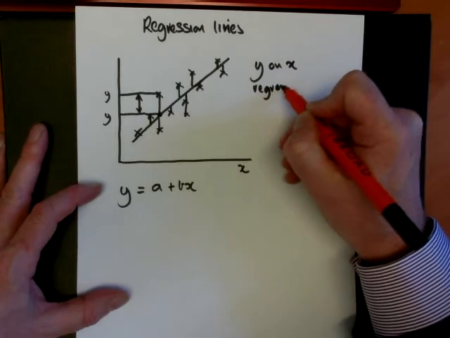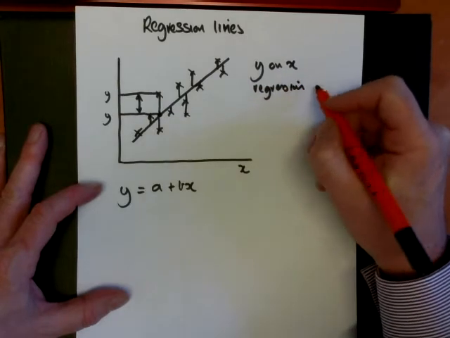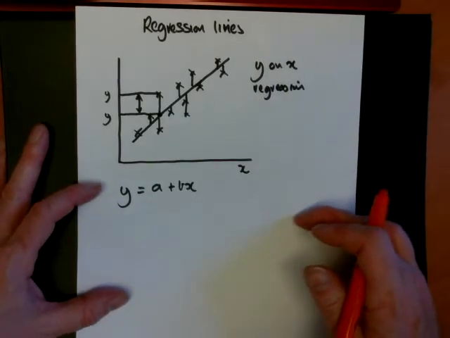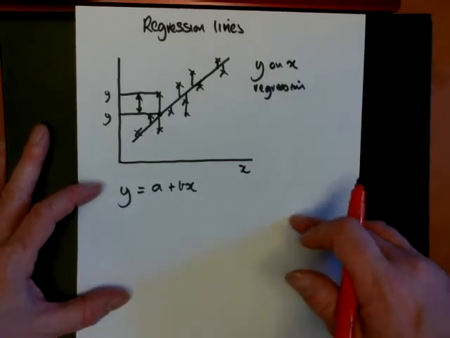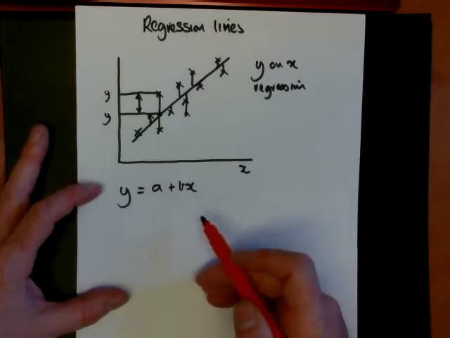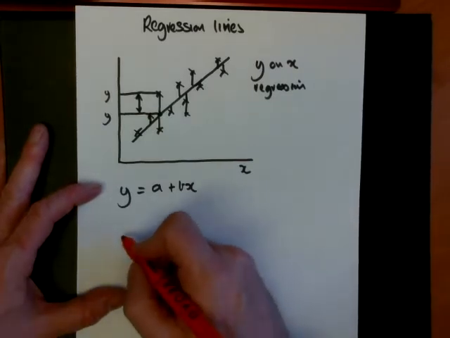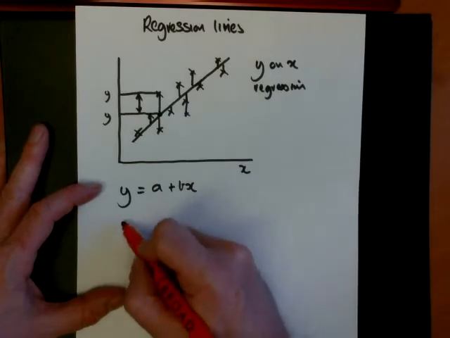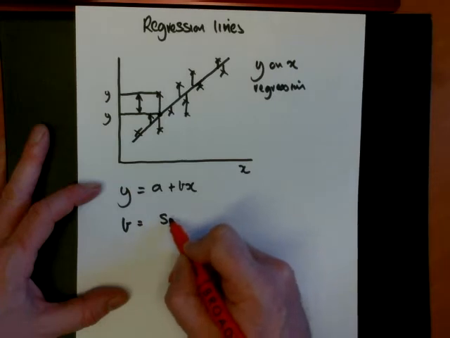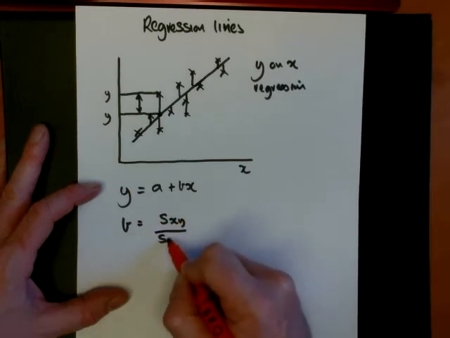Although there is mention of an x on y regression line in your textbook, we never in practice have to work that out. So for the y on x regression line, we're going to come up with a straight line equation, and we need again to be aware of our formula. The easier part of the formula is the b, and b equals sxy over sxx.